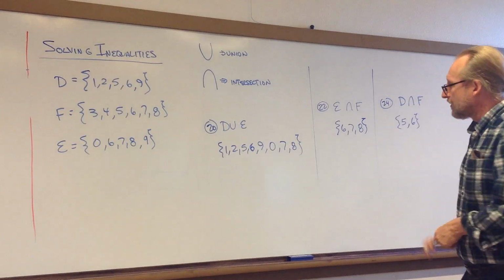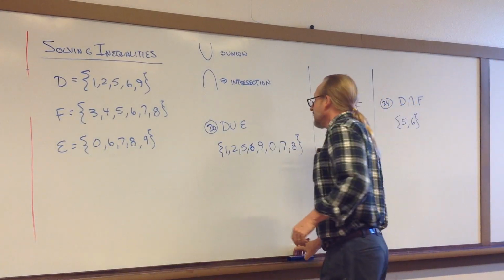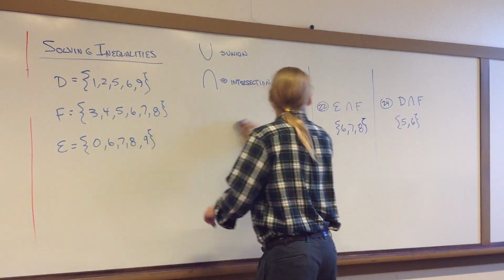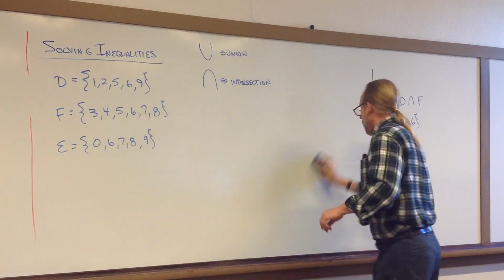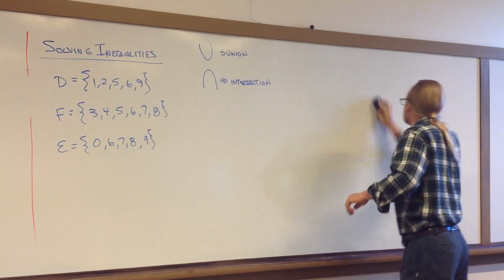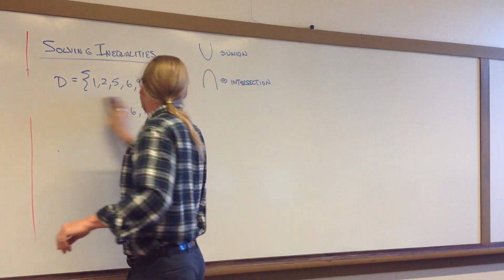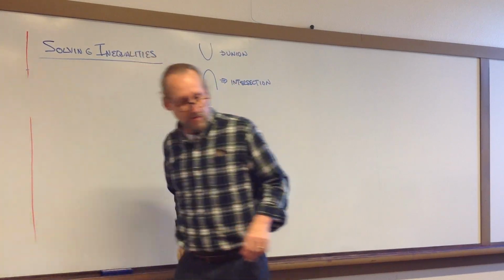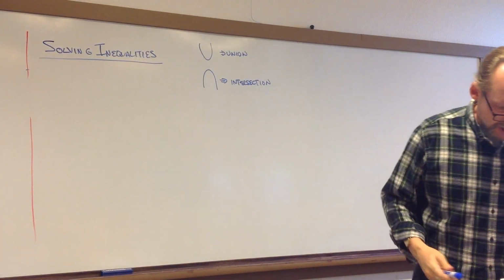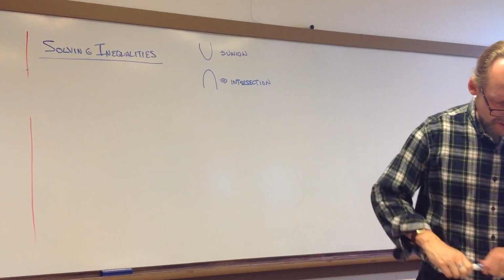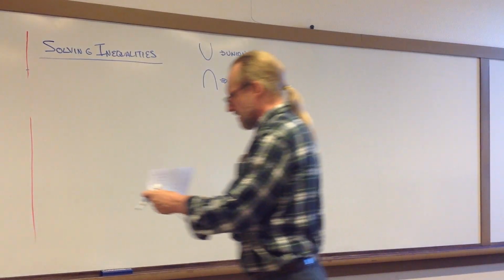Okay, well let's look at a couple of problems from the bottom of the page there where we've got those different sets. I, J, and K, I believe. J, K, L, and M. All right, let's see what we've got here.